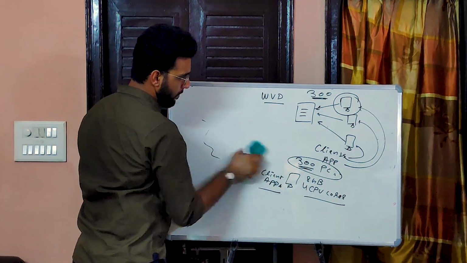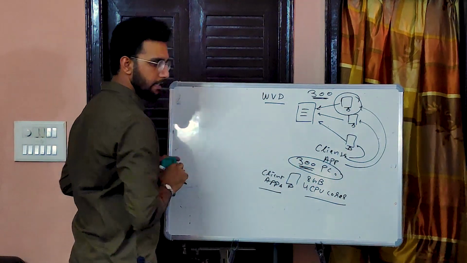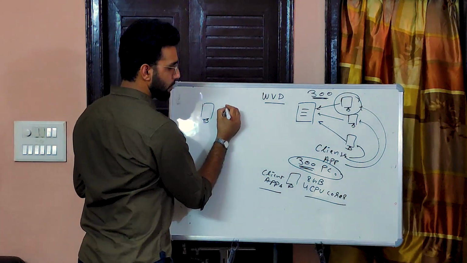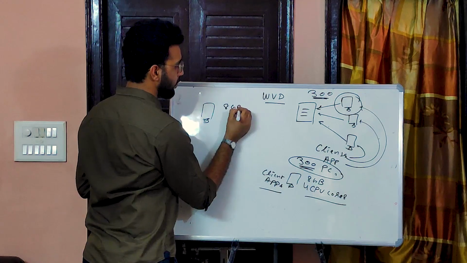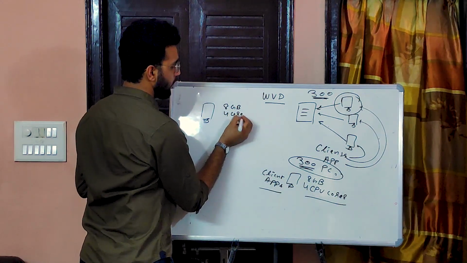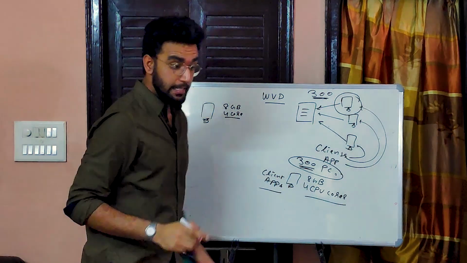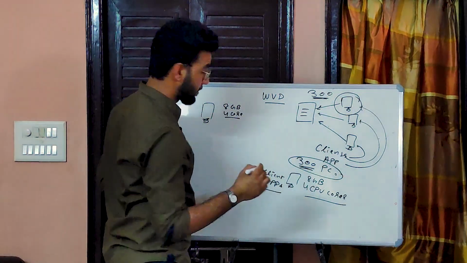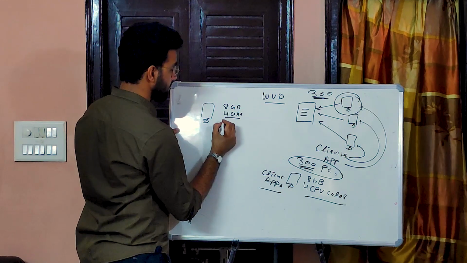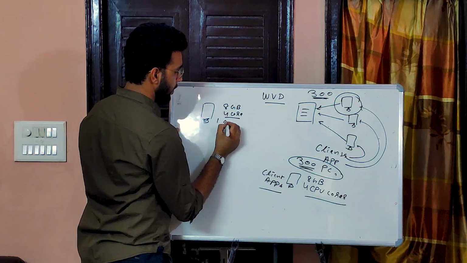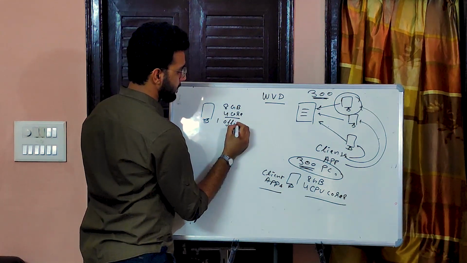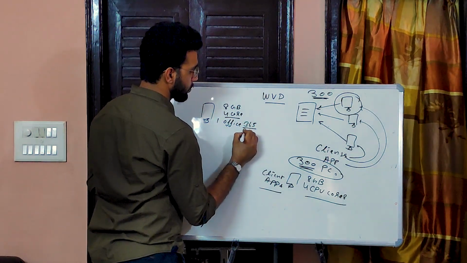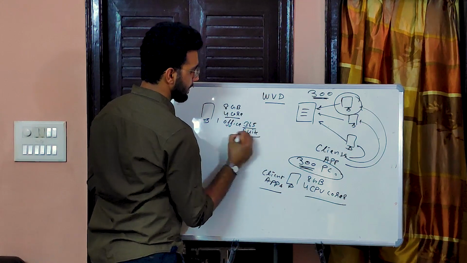Each client machine is going to have, let's say, 8 GBs of RAM and 4 cores of processors. And now, important thing, each client is using multiple applications. Each client is using, let's say, Office 365 or the Office suite, right?